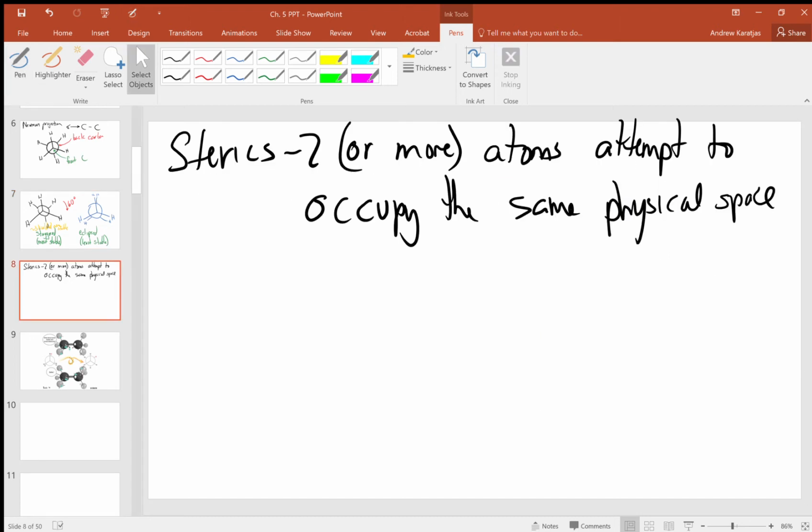So sterics can be an issue. Now, they're not going to be an issue here with ethane. The hydrogens themselves are actually too small to have any sort of steric interaction. But as we get into larger molecules, such as propane or butane, then sterics will come into play.